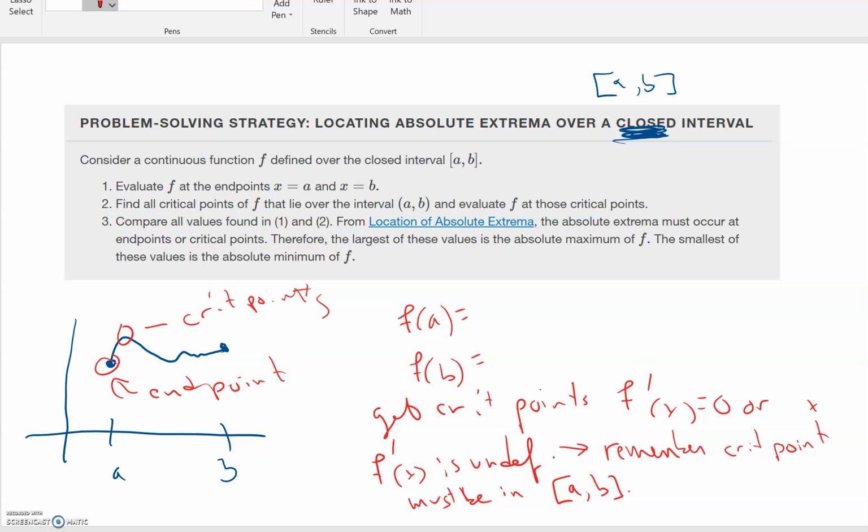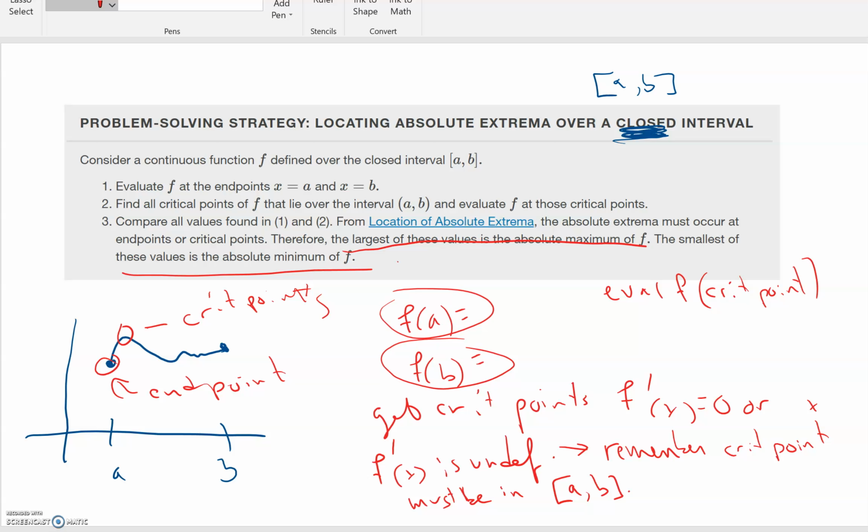If the critical point is not in the interval a to b, then it's not worth considering. All right, so everything has to be in there. So you get your critical points, and then you evaluate f at a, you evaluate f at b, and then you evaluate f at each critical point that's in [a, b], and then the largest of all of these is going to be the absolute max, and the smallest is going to be the absolute min. So just as it says here.